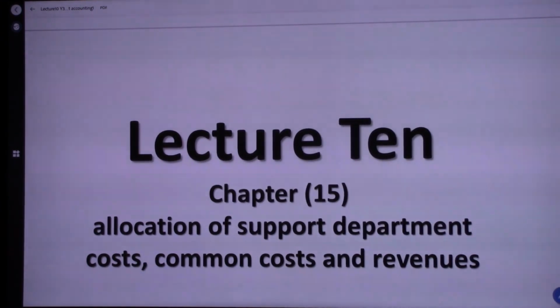I will try to present to you a group of true-false and MCQ questions about the whole course, the main tricky questions you could face in the final exam, and I will show you how the step-down method could face you in the exam in the form of true-false or multiple choice, how it's going to be presented to you in the final exam.